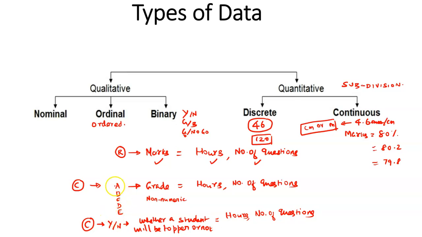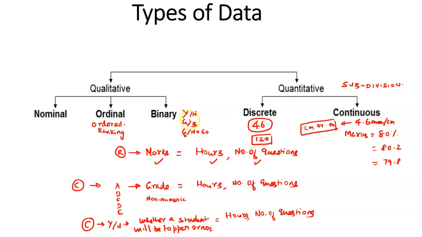I can say that someone who has got an A grade has obviously scored more marks than someone who has got an E grade, right? Someone who has got a B grade is better than a student who has got a D grade as far as exams are concerned. So I can do an ordering or a ranking. Ordering or ranking is possible in ordinal data, and ordering or ranking is not possible in nominal data.